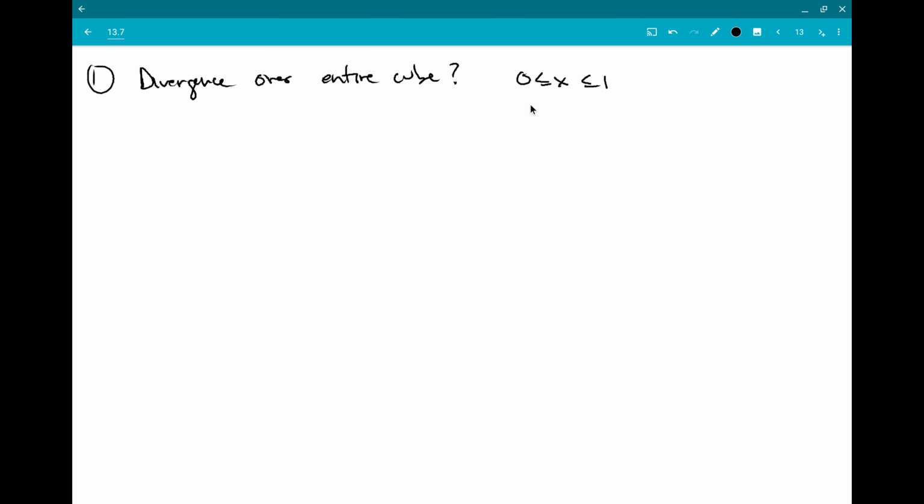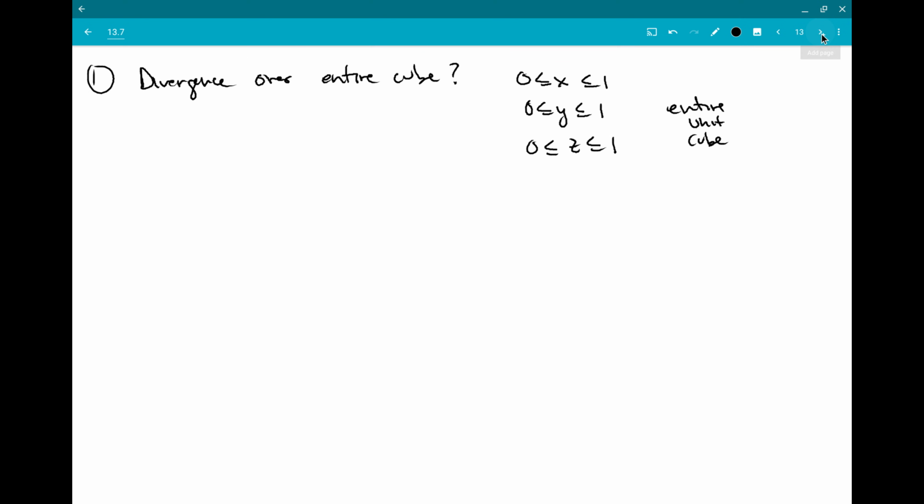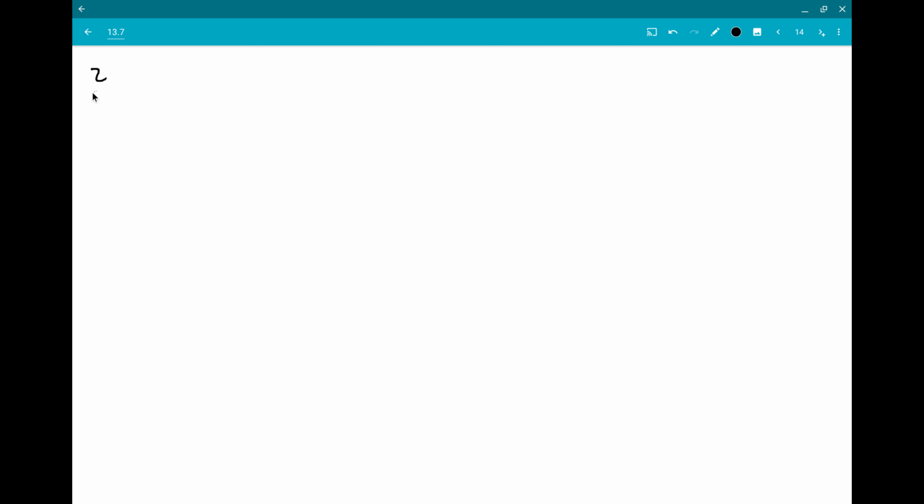Unit cubes are just x goes from 0 to 1, y goes from 0 to 1, z goes from 0 to 1. That was given to us in the problem statement. And then we'll do that in a second.